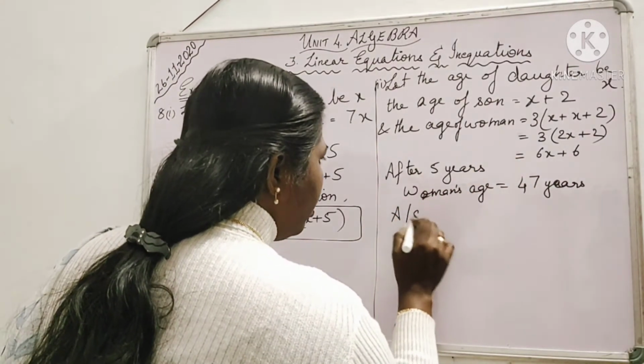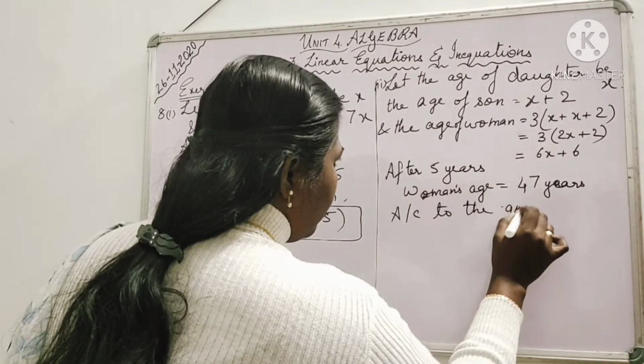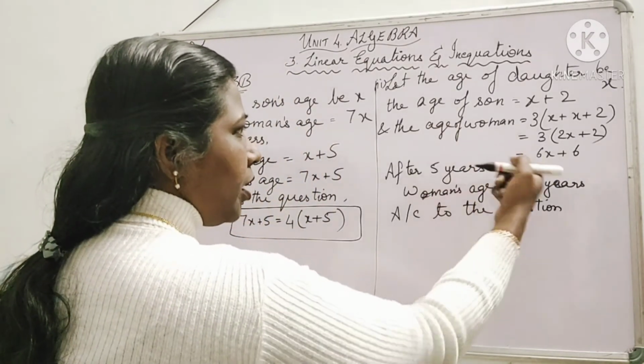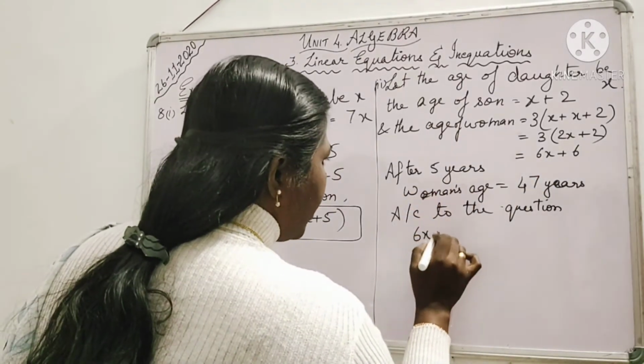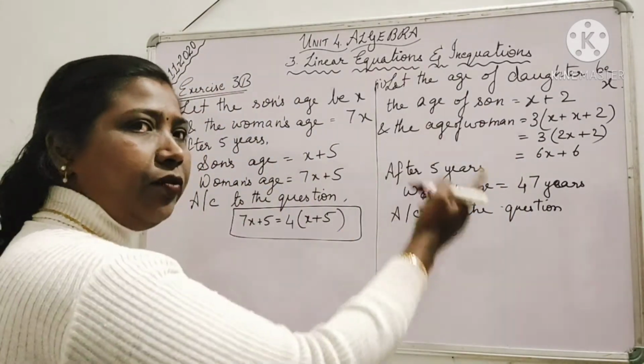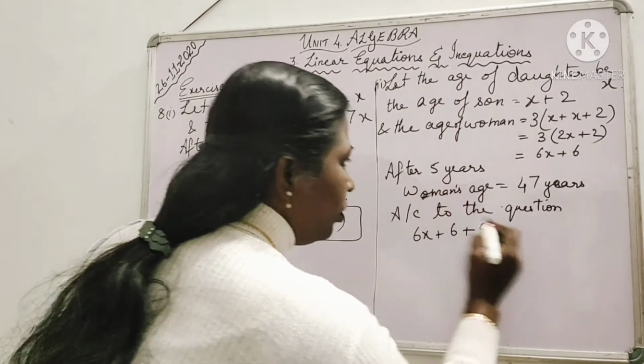According to the question, this is a woman's age 6x plus 6, which is only before 5 years. Now after 5 years she is 47, so I am going to add this 5 to this.